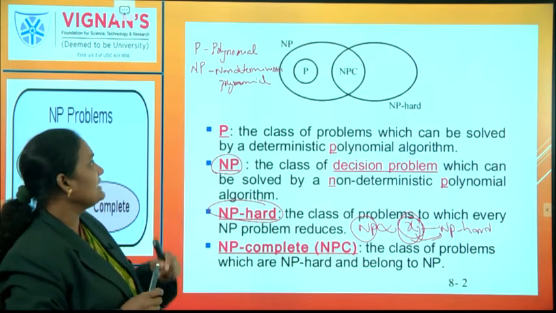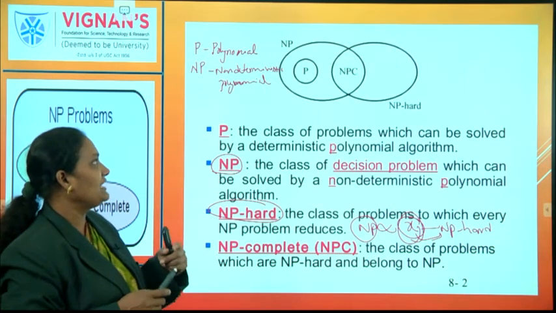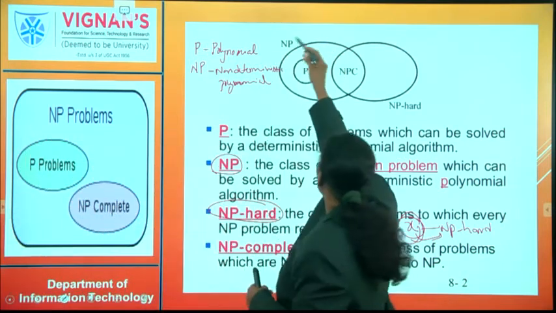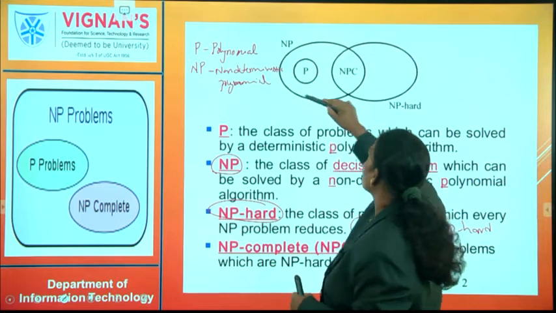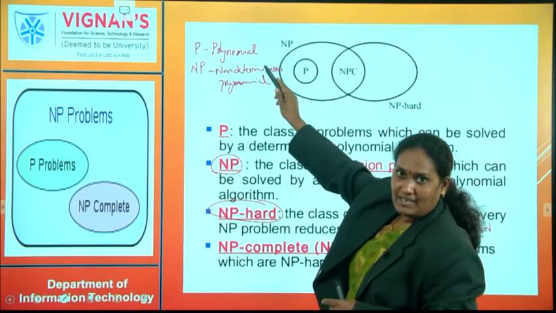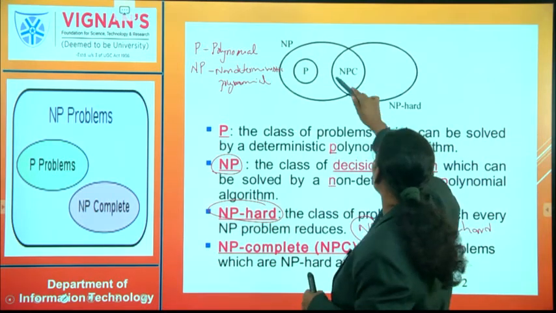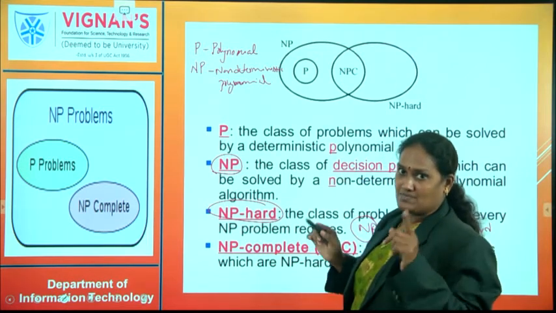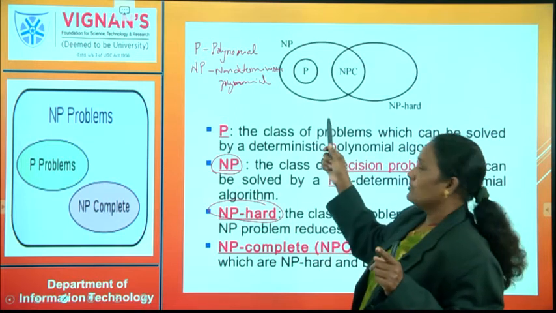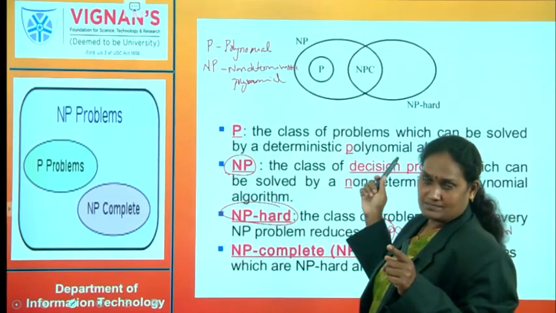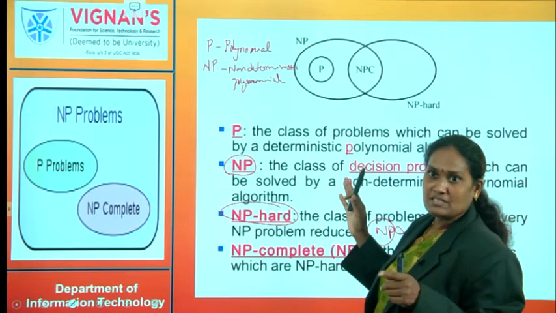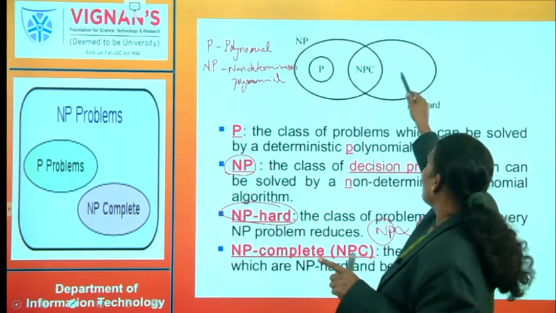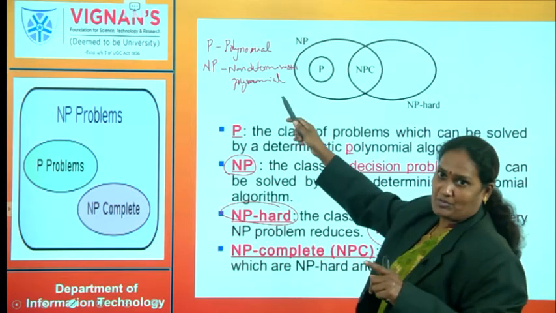Now, here you can see the relation between P, NP, NP hard and NP complete. Here you can write all problems are NP problems, and all these problems are NP hard problems. You can observe that some NP problems may become NP hard, but all NP hard problems may not become NP problems.